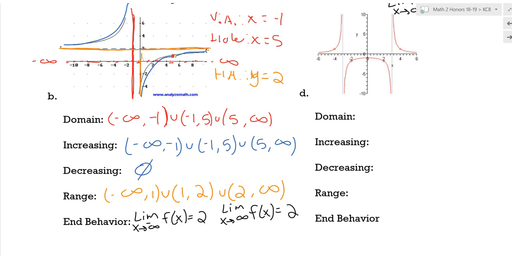Alright, looking at letter D. We have all sorts of things going on in this one. Let's start with our vertical asymptote. This one has a vertical line here, which it doesn't cross, at x equals -3. It also has a vertical line here, which it can't cross, at x equals 3.